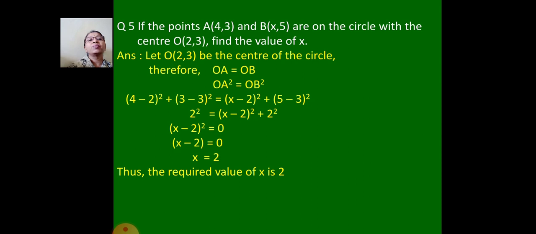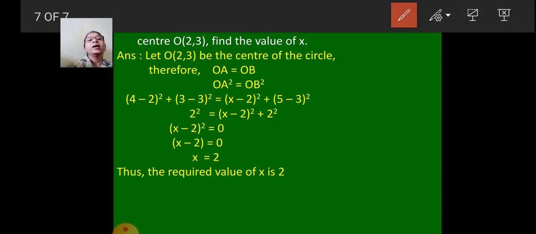So you will get (4 minus 2) the whole square plus (3 minus 3) the whole square is equal to, similarly on the right hand side, (x minus 2) the whole square plus (5 minus 3) the whole square. Next step, 4 minus 2 is 2. So 2 square plus 3 minus 3 is 0, so that term will vanish, is equal to (x minus 2) the whole square plus 5 minus 3 is 2, so 2 square.